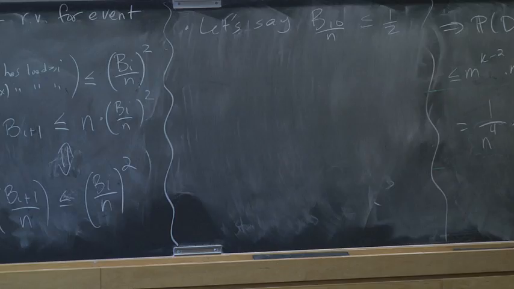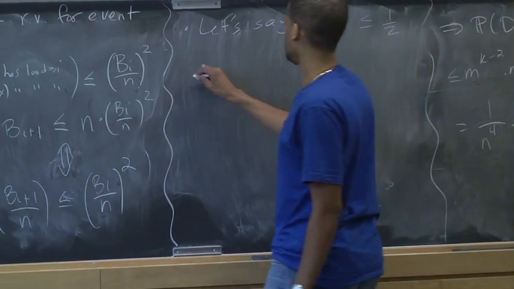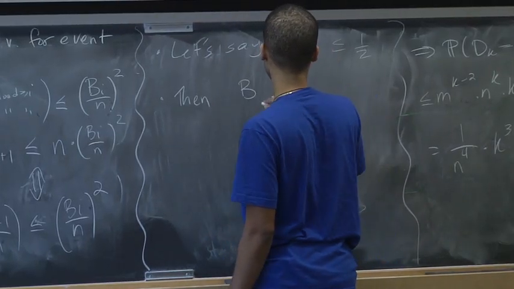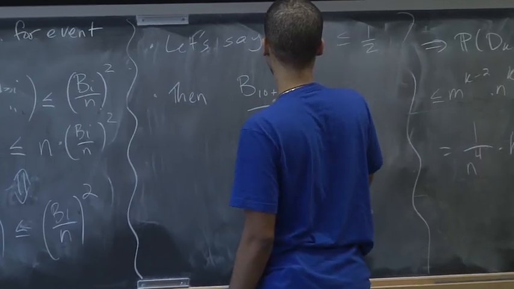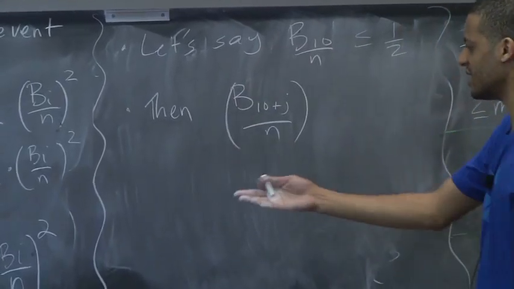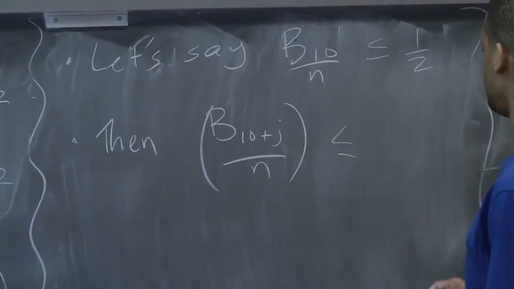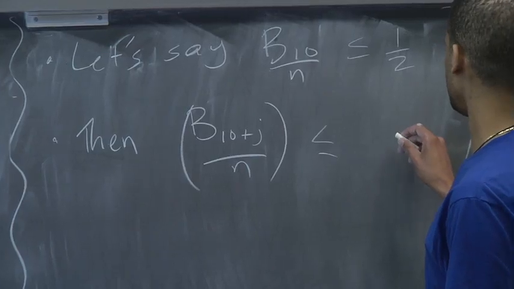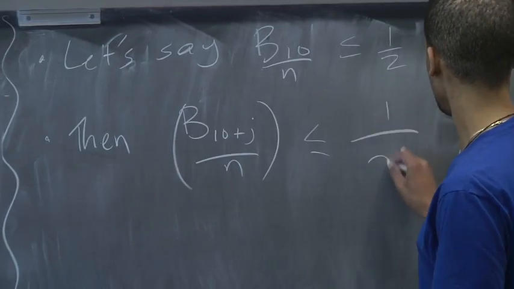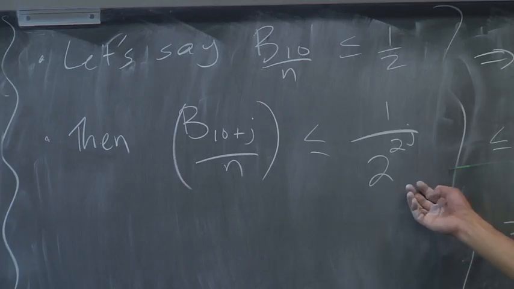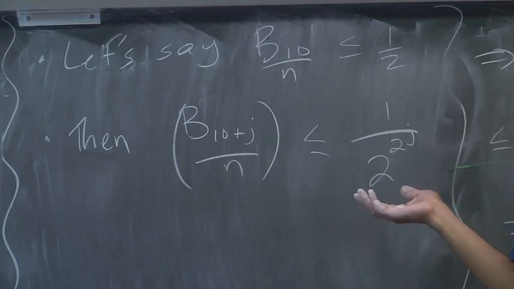We managed to prove that. Then b_{10+j} over n would be at most 1 over 2 to the 2 to the j, I guess. And we're done when this number is something less than 1. That means there are no bins.